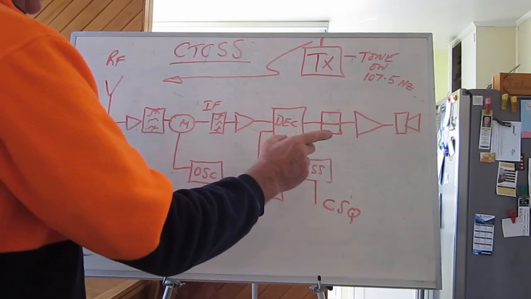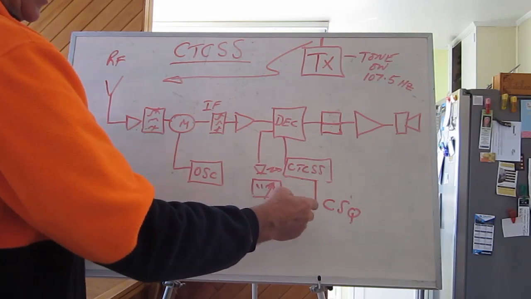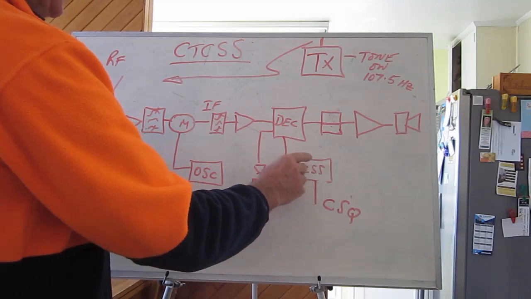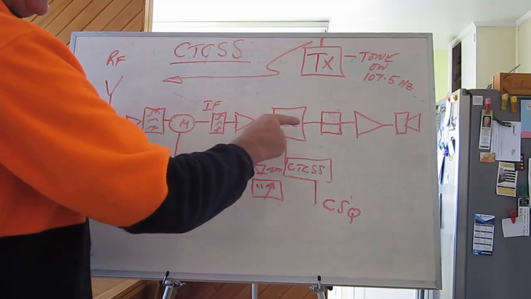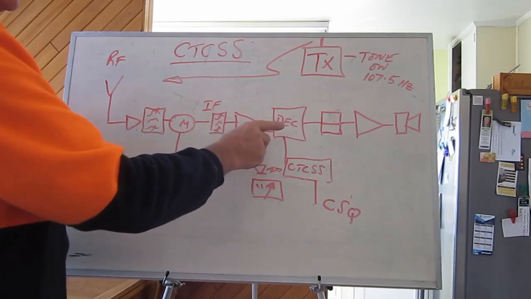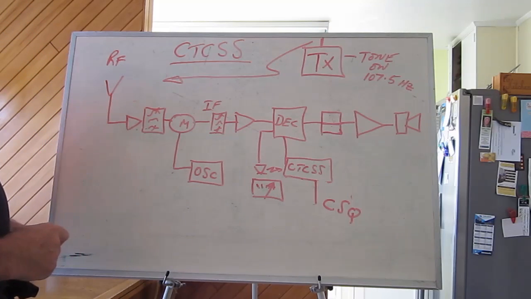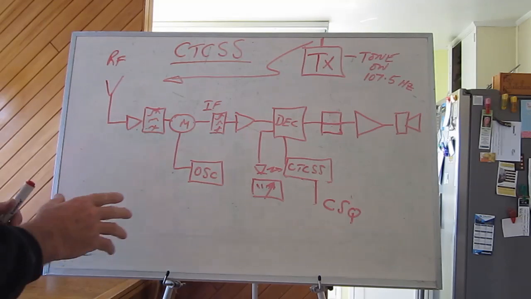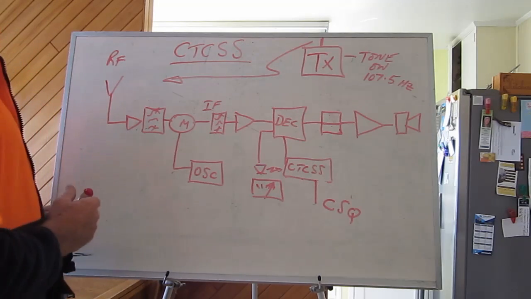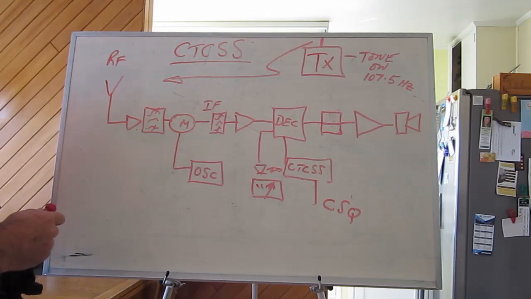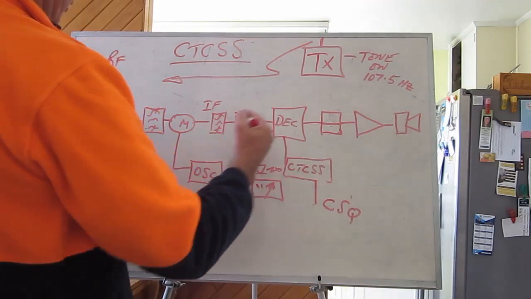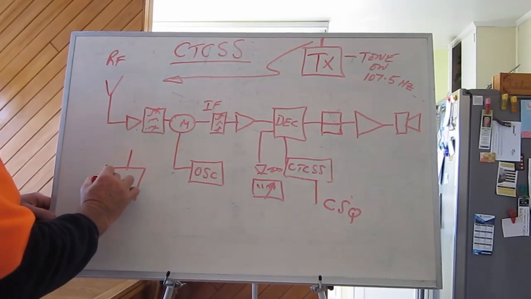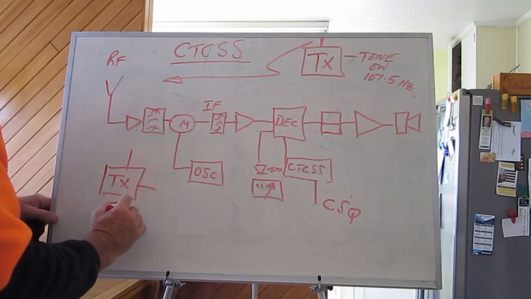That's a problem because the CTCSS control within the radio here doesn't block unwanted signals, and those unwanted signals might be a form of interference, and it doesn't block other users of the same frequency. So you could have an entirely different company over here with their transmitters with a different tone.